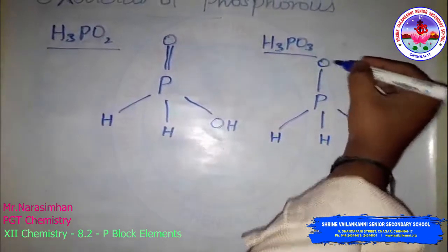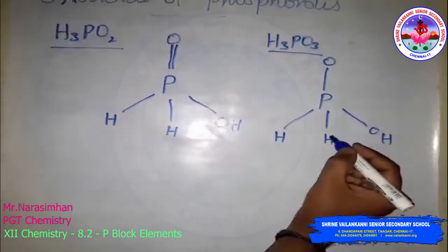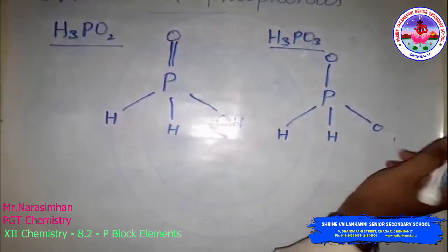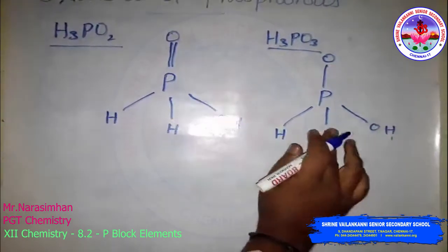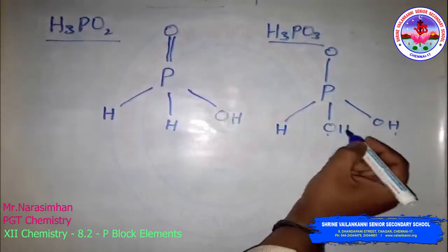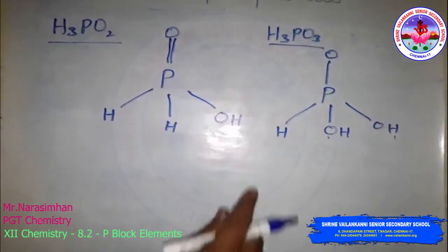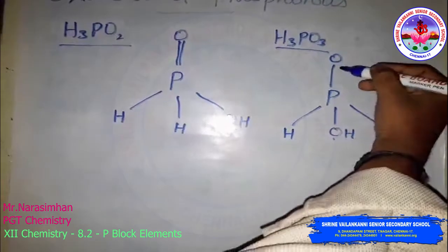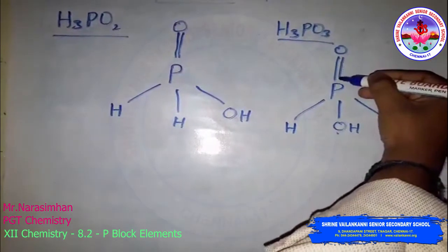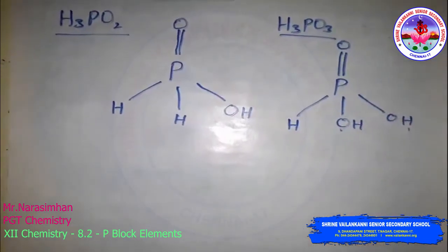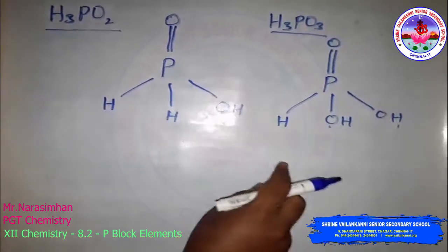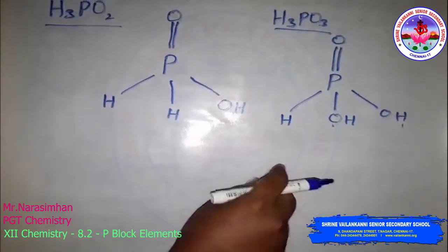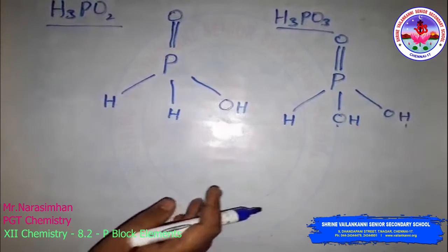So oxygen, oxygen, and one more oxygen. Then the oxygen should be satisfied, so put a double bond here. Now this is orthophosphorous acid or phosphonic acid.